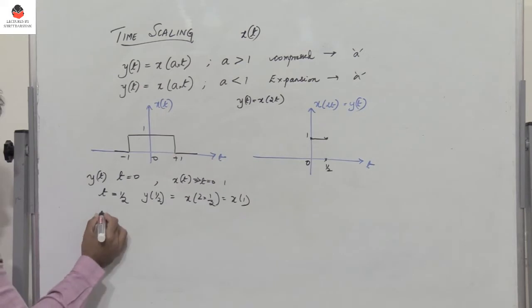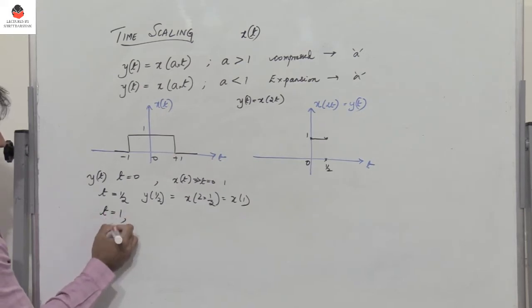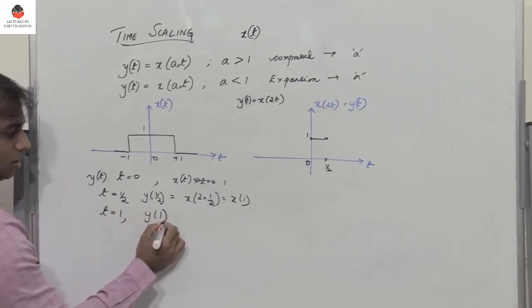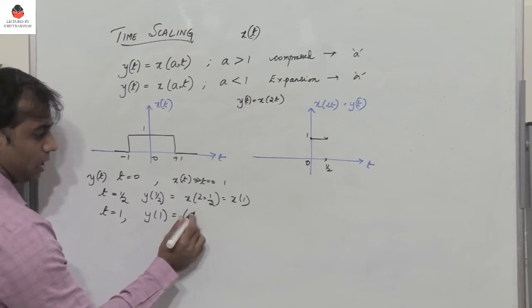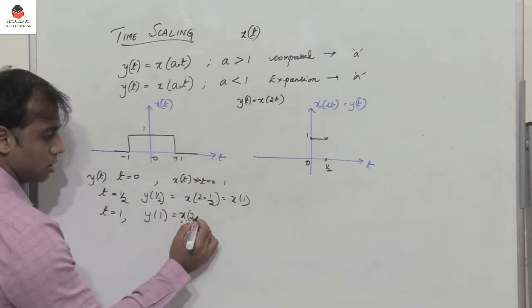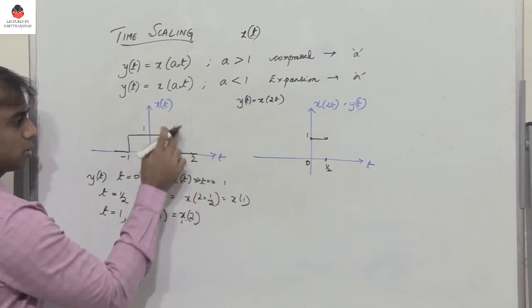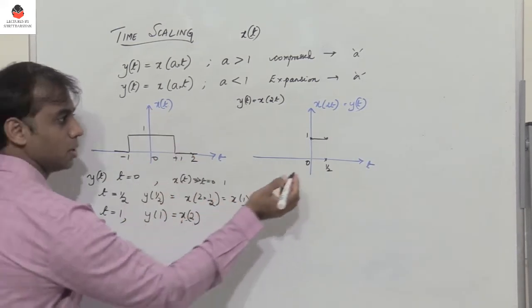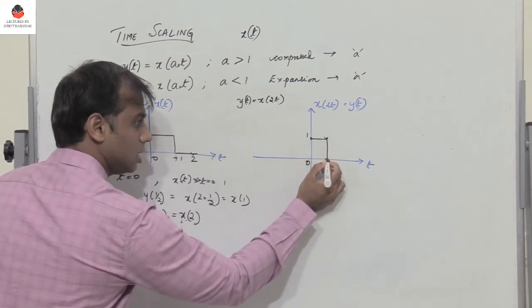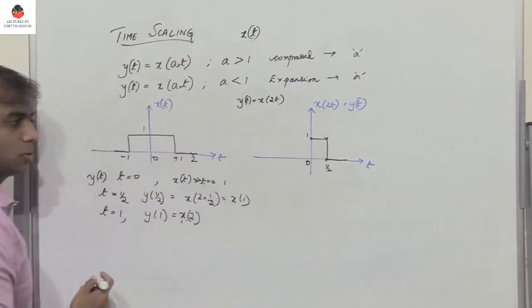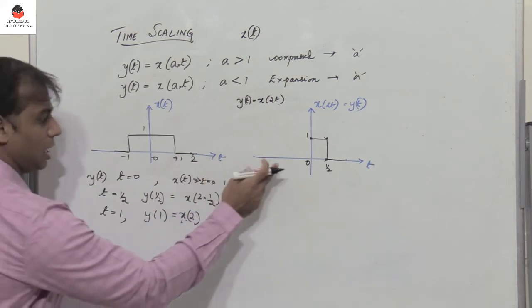All right. Now for t equal to 1, what happens? y of 1 will be equal to x of 2. Now x of 2 is nothing but the value of x of t at t equal to 2, which is 0. So therefore the signal drops down to 0 at t equal to half. Now the same thing happens here.